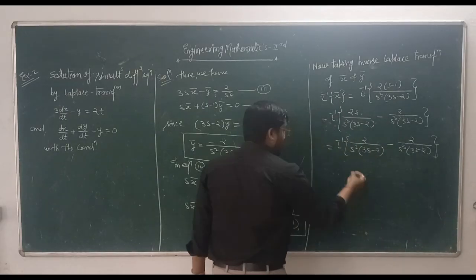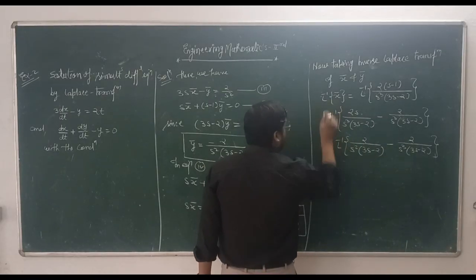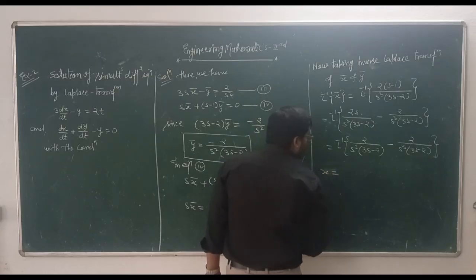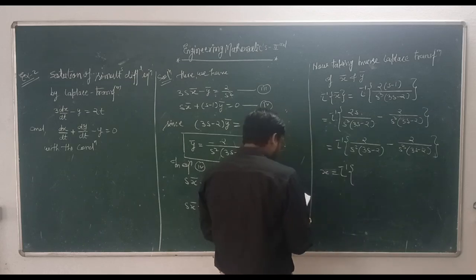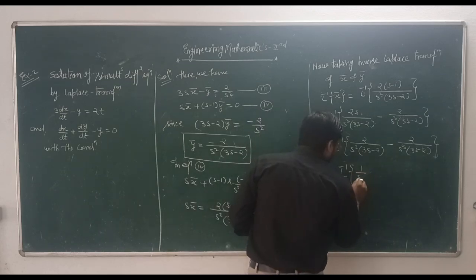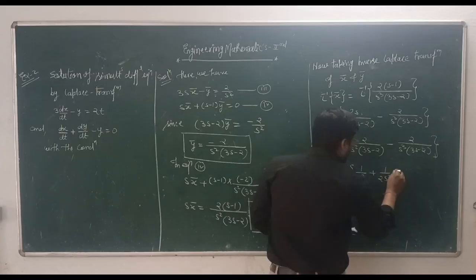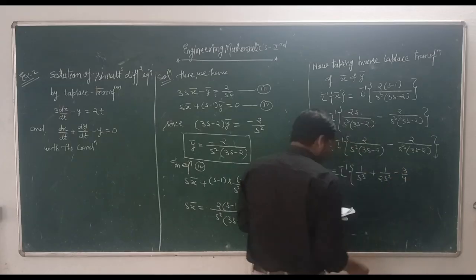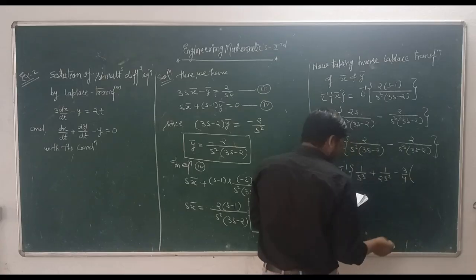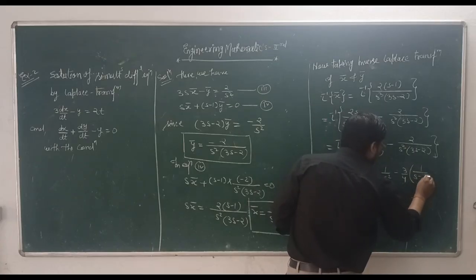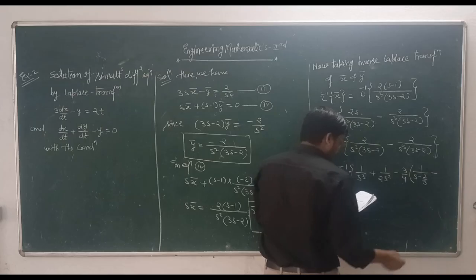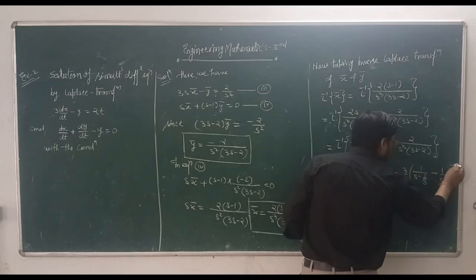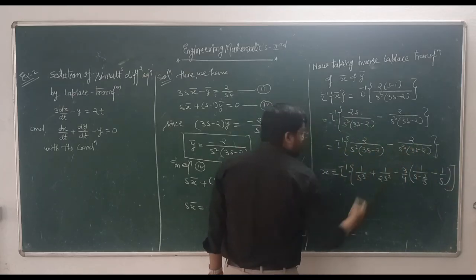You can note down, this means x is equal to inverse Laplace of this function: 1 upon s cube plus 1 upon 2s square minus 3 by 4 bracket 1 upon s minus 2 upon 3 minus 1 upon s. You can note down this is a partial fraction of this function.